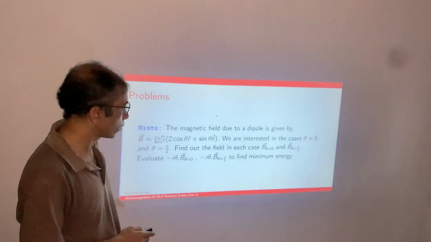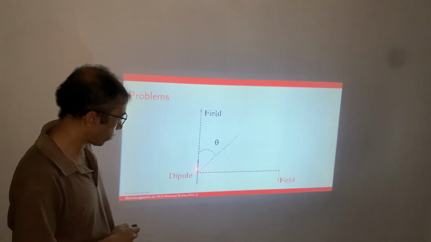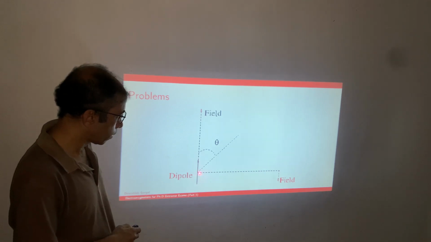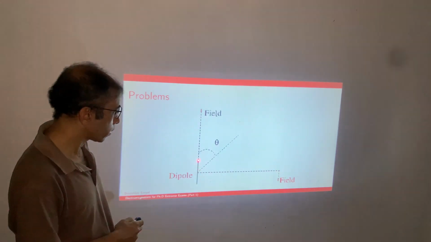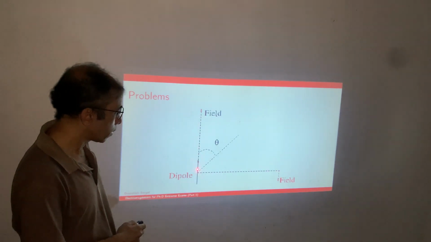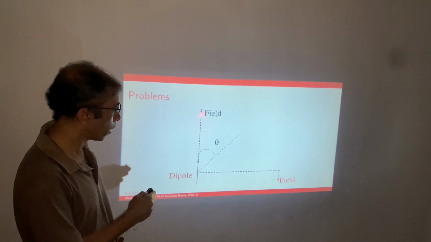So let us go to the picture first. This is my dipole. This is the direction perpendicular to the orientation of the dipole, and this is the direction that is aligned with the dipole.